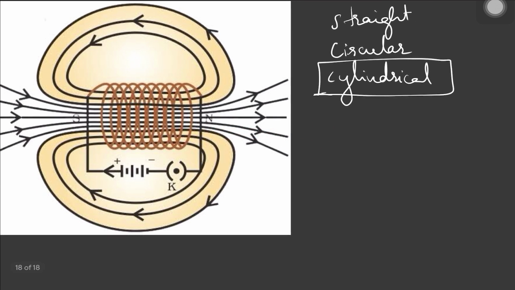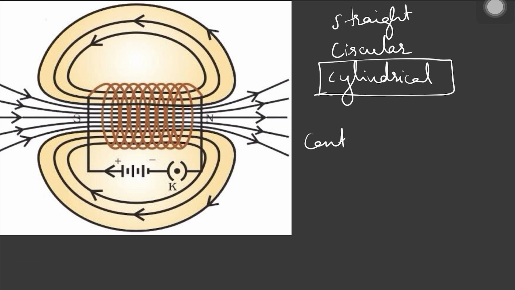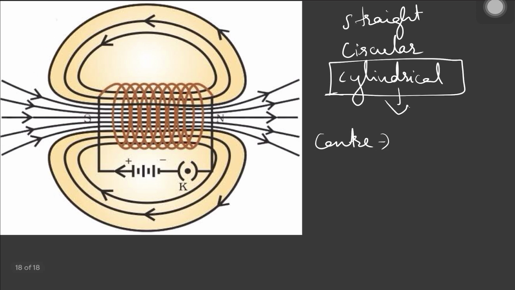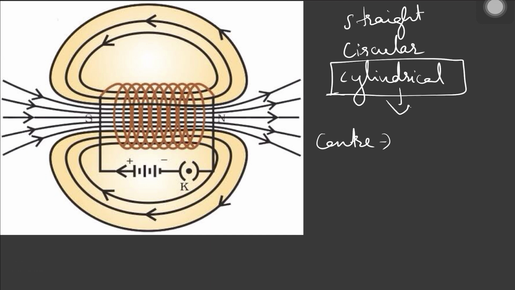A solenoid is nothing but a cylindrical shaped conductor. We have found that on passing current through the solenoid, at the center the magnetic field lines are parallel. If the magnetic field lines are parallel, what do we conclude from that? The magnetic field is uniform over there.